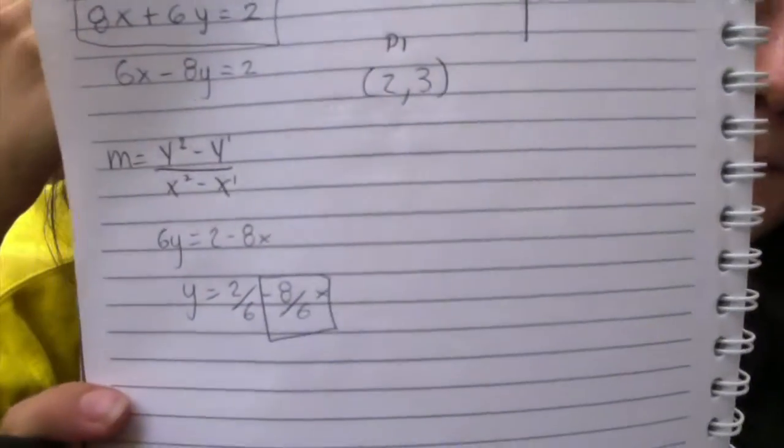If you have the standard form, pass it to the slope intercept form, which will give you the value of the slope, which we are doing right now. The value of the slope is minus 8 over 6x. So we have the slope, and we have to get another slope that when you multiply them gives you the result of minus 1.